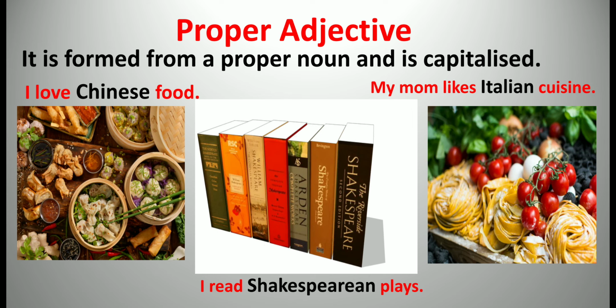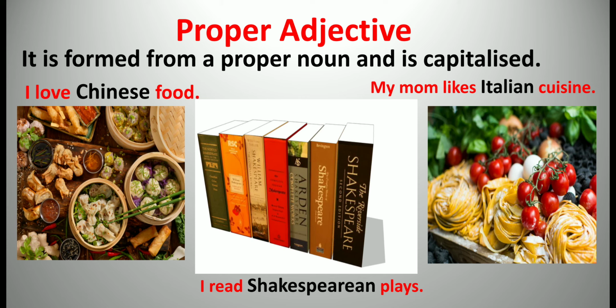Proper adjective is the next kind. All the proper adjectives are formed from proper nouns. Means they originate from the proper nouns. They are usually capitalized. Let's look at the examples. I love Chinese food. My mom likes Italian cuisine. I read Shakespearean plays.